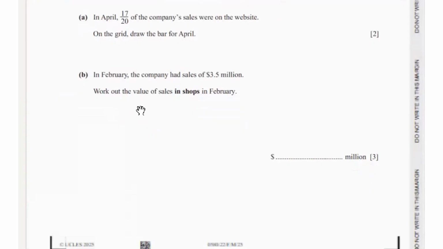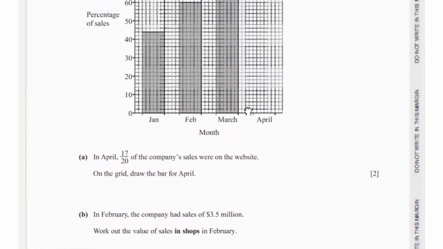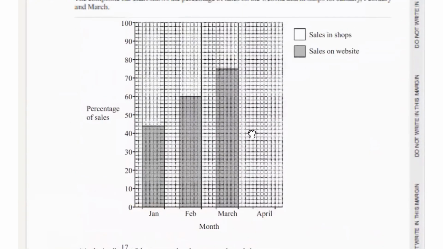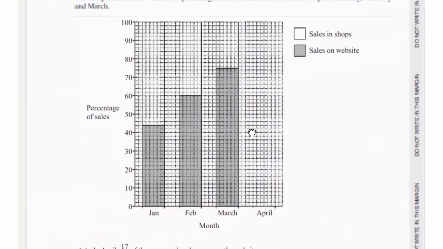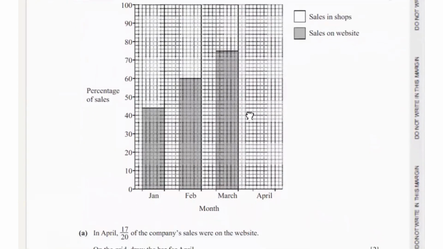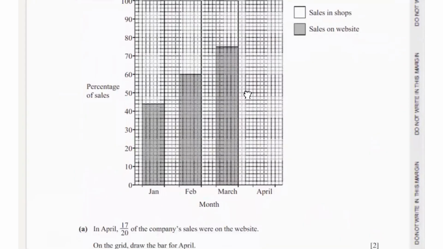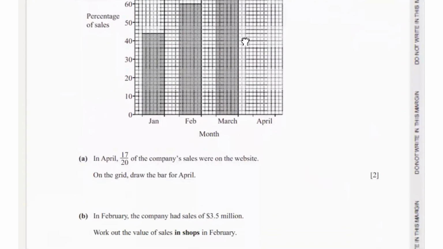Then it says in February, the company had sales of $3.5 million. Work out the value of sales in shops in February. So in Feb, there were $3.5 million sales.